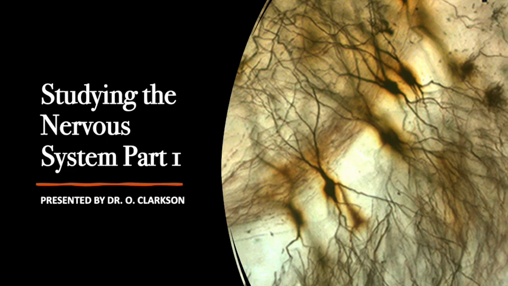Okay, so the similarity is acetylcholine is associated with your preganglionic for both sympathetic and parasympathetic, but when you get into your postganglionic fibers, it's going to be catecholamines for sympathetic and acetylcholine for your parasympathetic fibers.